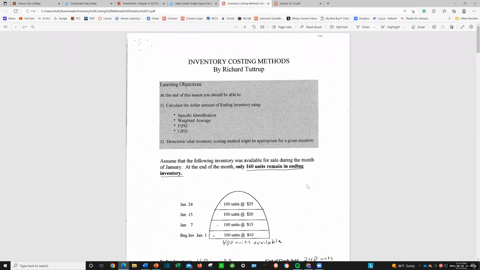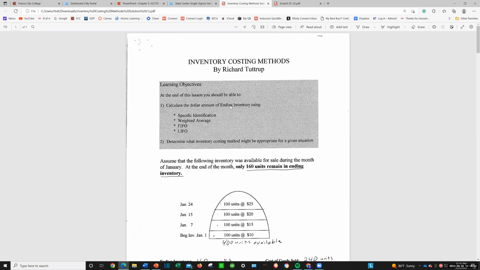This is the handout that I used as part of my presentation to my hiring committee. Because of this, I was hired over 26 years ago. People on that committee said, I'm not even an accountant, but I understand what you just said. You were pretty amazing. I thought that was pretty cool. So this is really the one that got me the job over 26 years ago at Fresno City College.